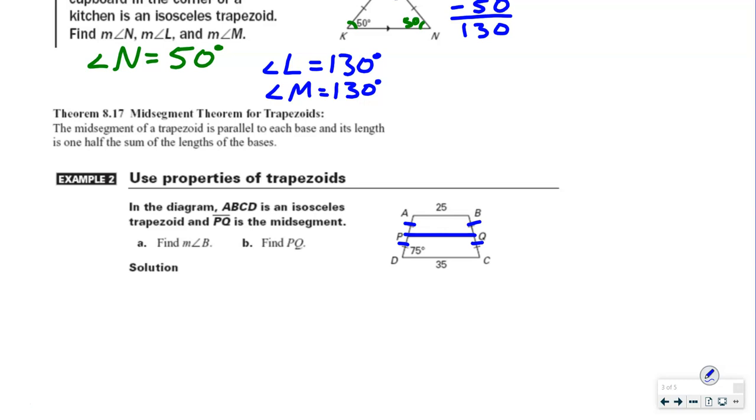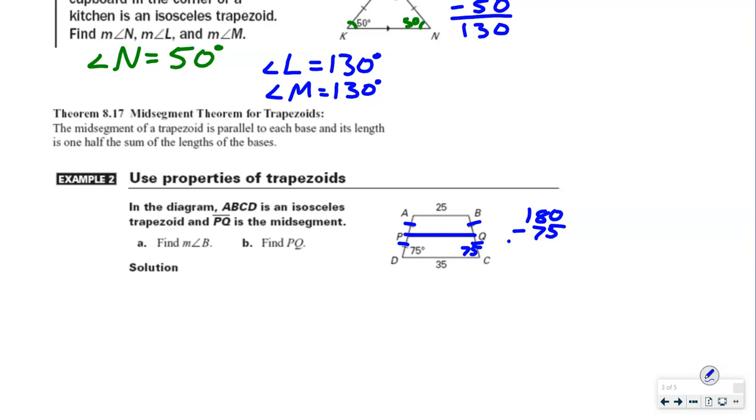So we want to find the measure of angle B and find the length of PQ. So let's first look at angle B. Angle B is up here at the top right. I know that my base angles are congruent, so angle C is 75. And that means that angle B and angle C are supplementary, so I can subtract 75 from 180.